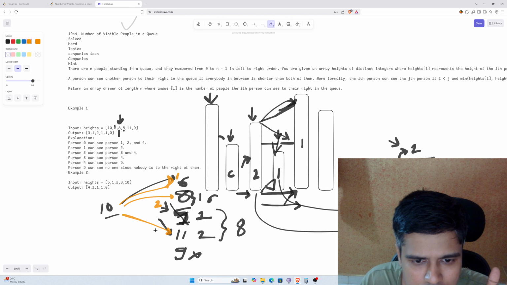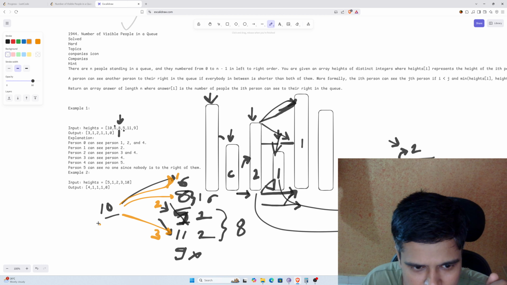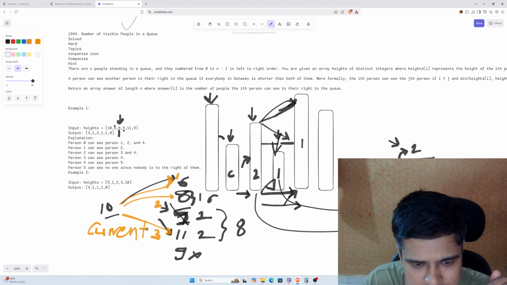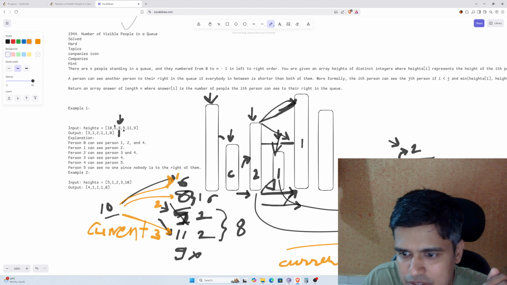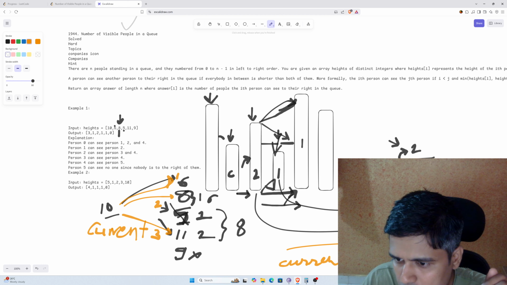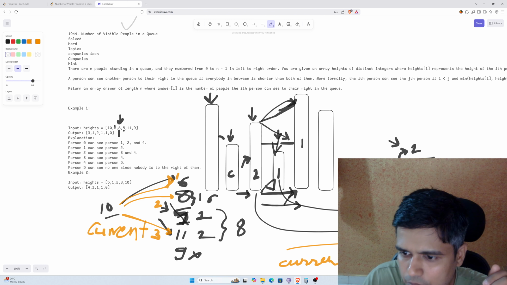And now the answer comes to 3. But our condition is that the current number can reach far to the right till the time my current number is less than the person to the right. The moment this condition occurs, we should stop. This is the stopping condition.